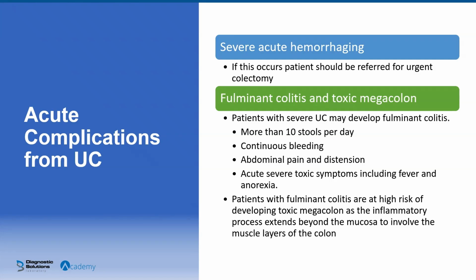With severe patients that are at risk of developing fulminant colitis, they have more than 10 stools per day, continuous bleeding, abdominal pain and distension, severe systemic symptoms, and if they develop a fulminant colitis, then they are much more at risk of developing a megacolon, and that can lead to a surgical emergency.